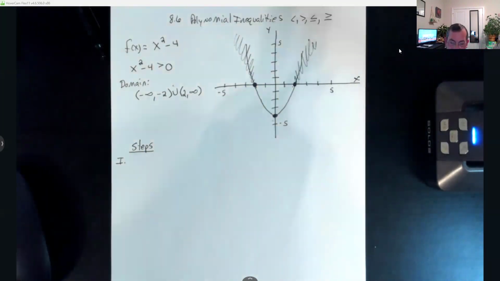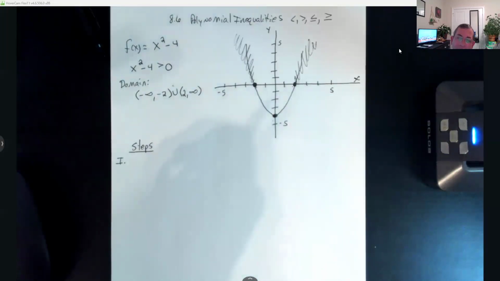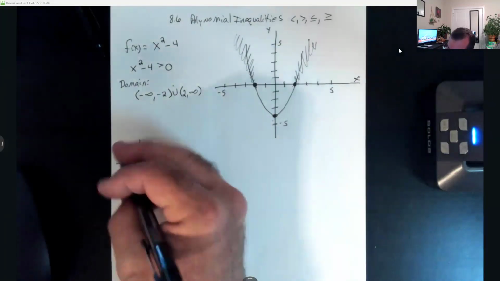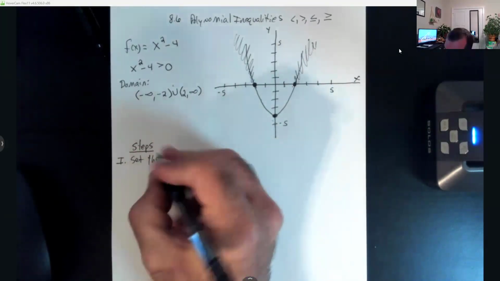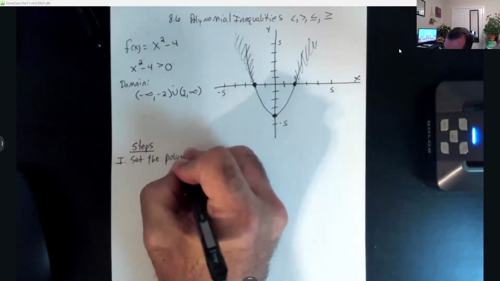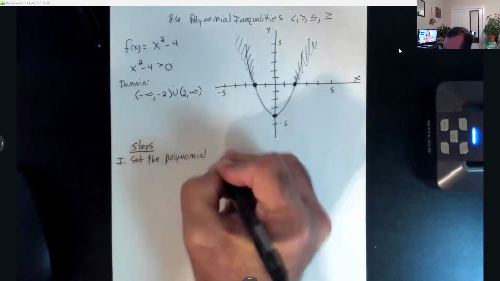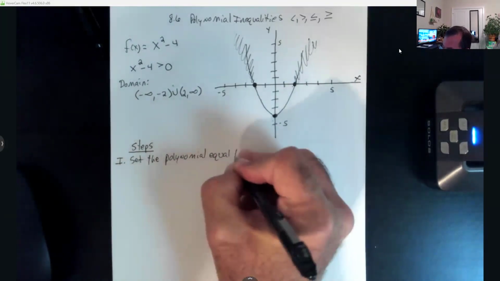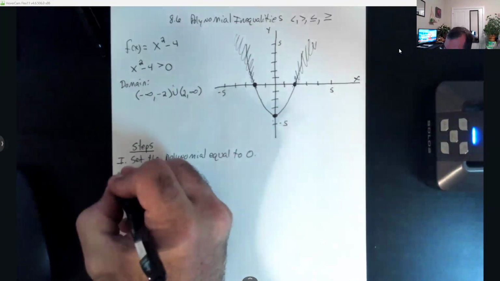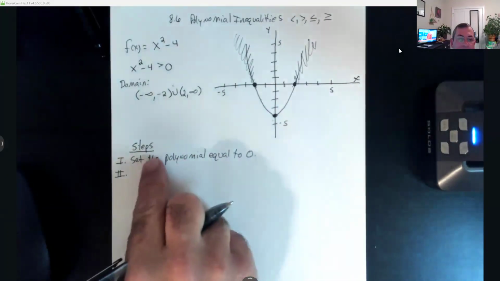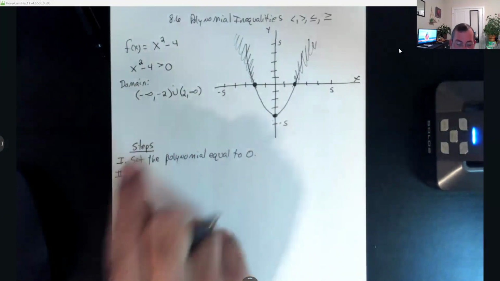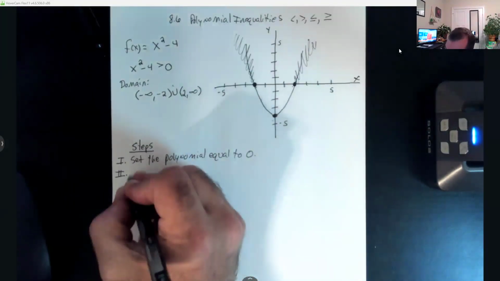So the first thing we want to do is we want to set the polynomial equal to 0. Okay, once I've set my polynomial equal to 0, I'm then going to solve for the variable.